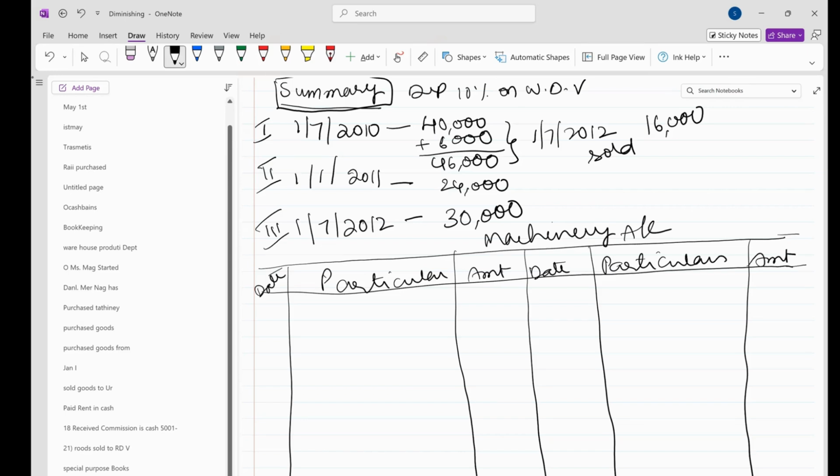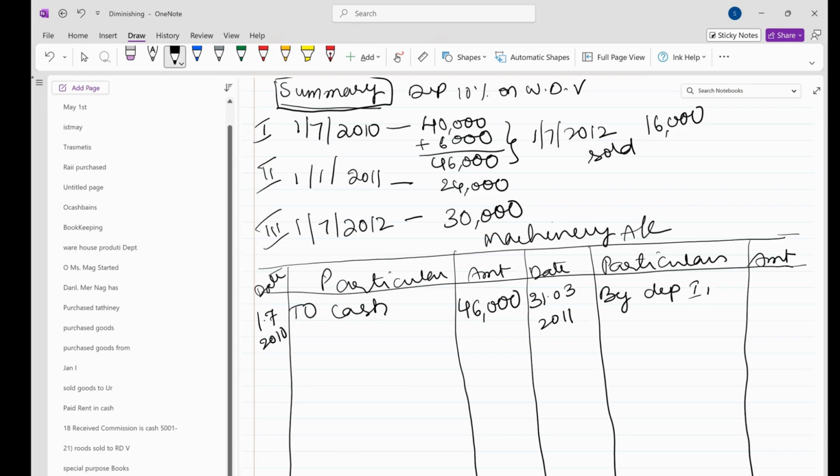We'll start. On 1/7/2010, they purchased a machinery, so to cash the amount is 46,000. And again they purchased in 2011, so till that time we don't need it. Now this machinery we'll use till 31st March 2011.